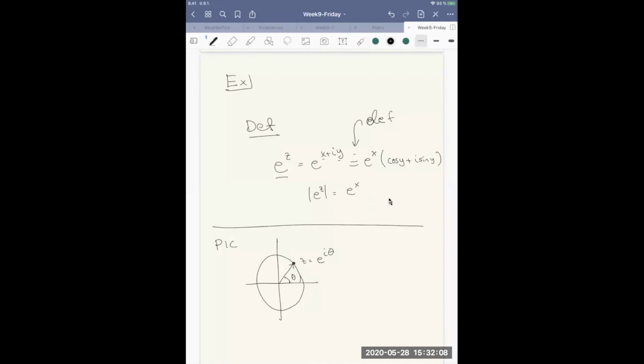So the norm of this element is e to the x, and if the length is r, then these components here are exactly the x and the y components. So the real part of this function, if this is expressed as u plus iv, is cosine y times e to the x.